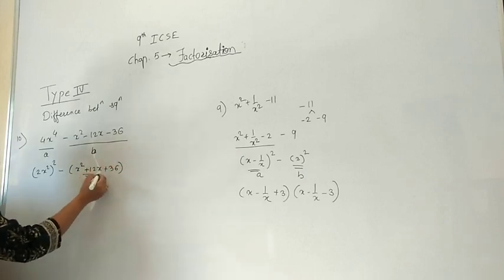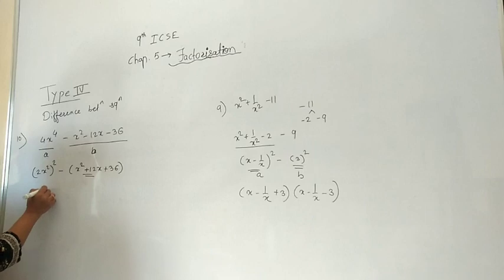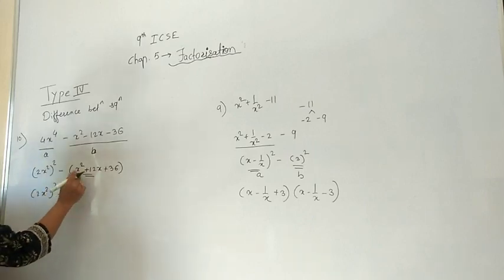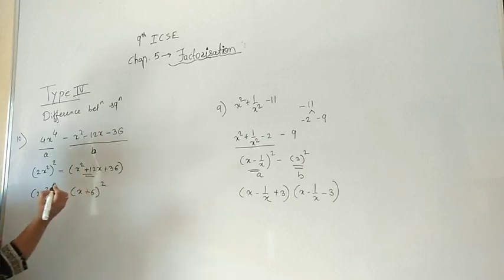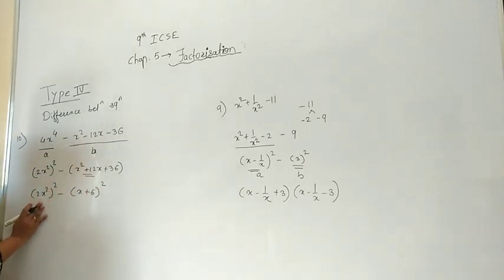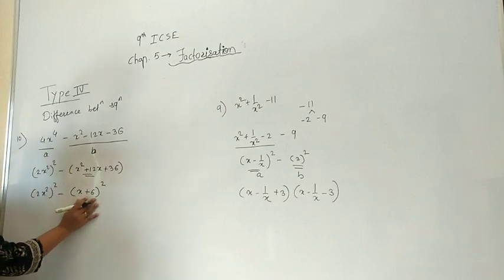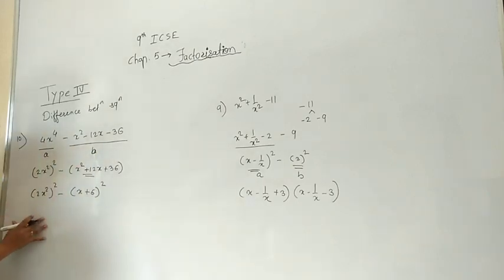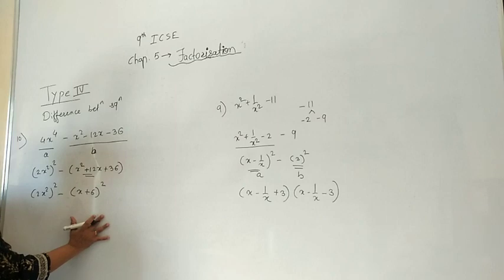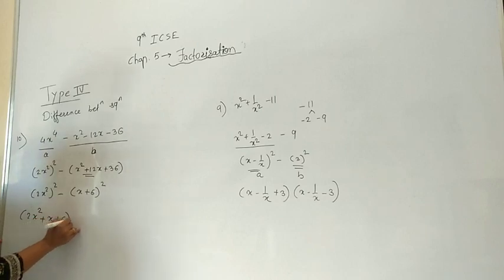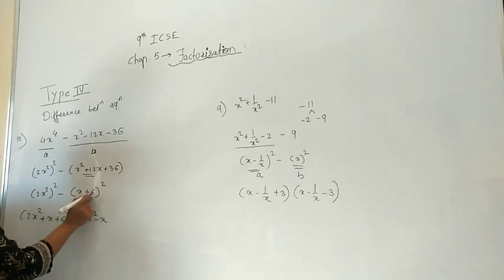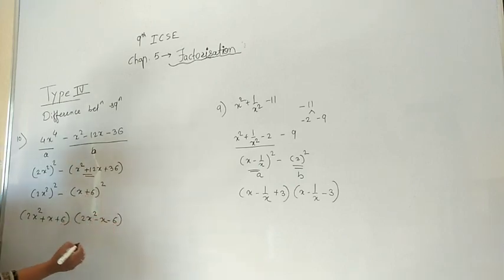Now this is the expansion of (2x square) bracket square minus, this is the expansion of (x plus 6) bracket square. Now here we have a square minus b square, means we have to factorize as a plus b as well as a minus b. Now (2x square plus x plus 6) and in the other bracket (2x square minus x minus 6).